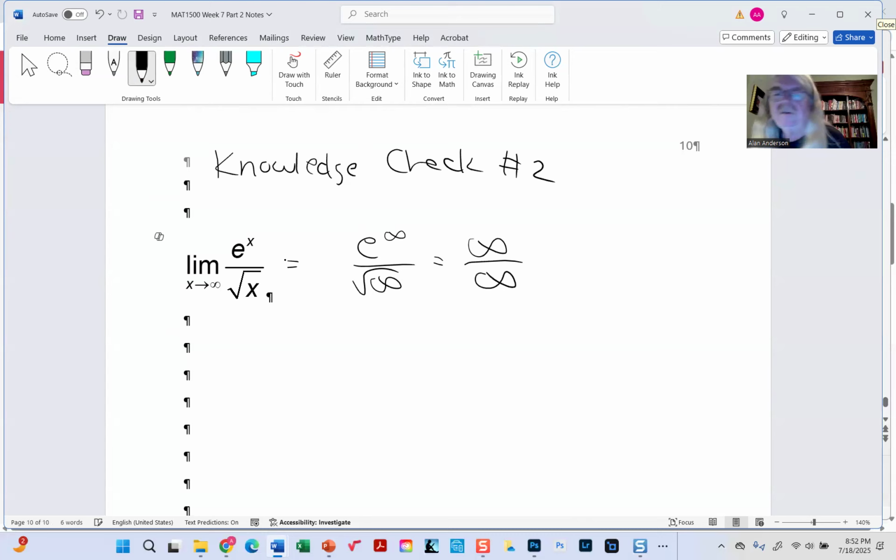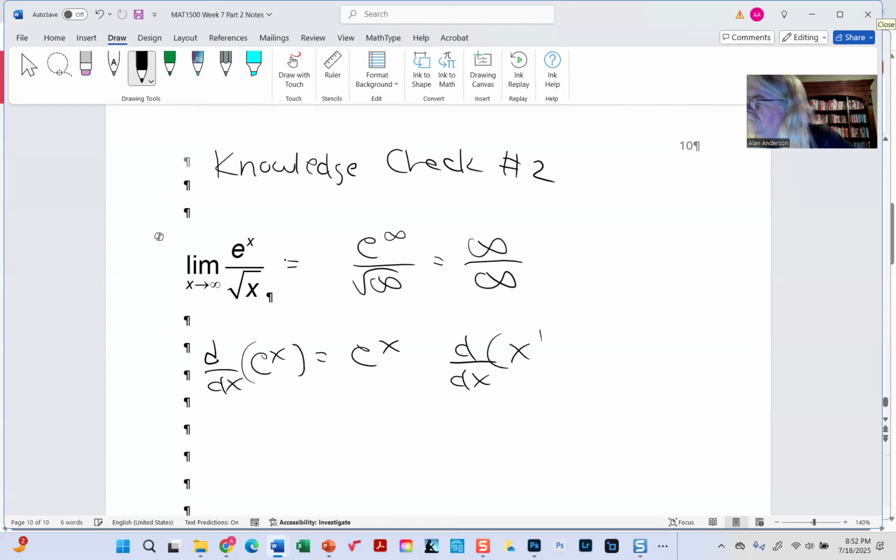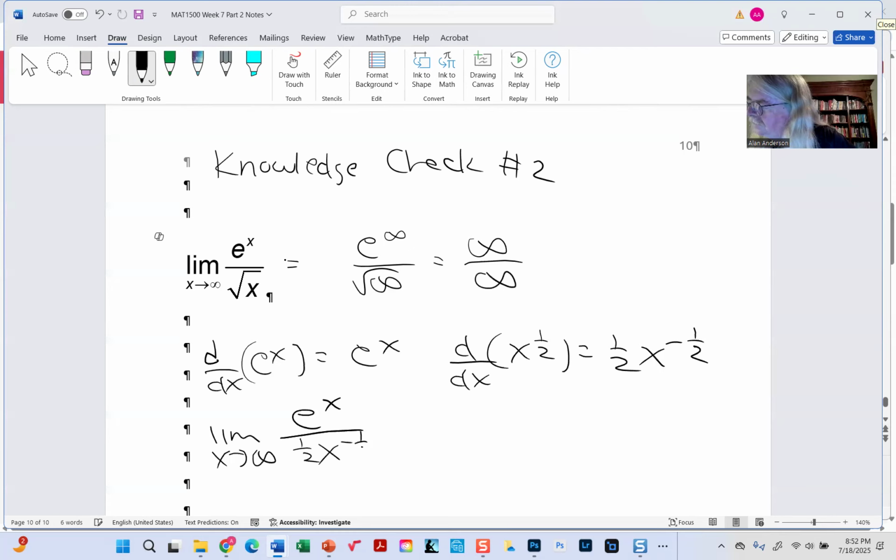All right, so this is the other indeterminate form that lets us use L'Hopital's rule. Now, radical x, of course, is the same thing as x to the 1/2. So we've got the limit based on L'Hopital's rule of e to the x over this.